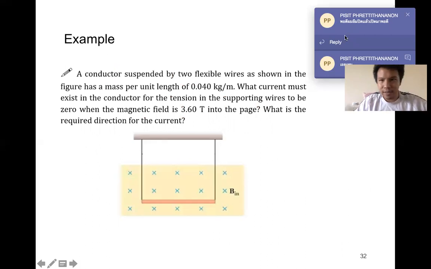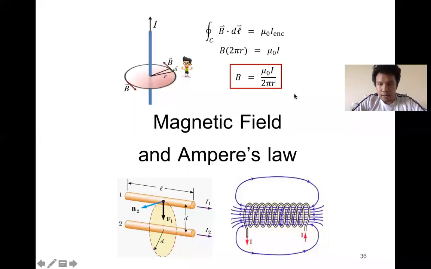But in the second part, about magnetic field and Ampere's law, we're trying to think the other way around. We start with a current, and the current can give you a magnetic field.